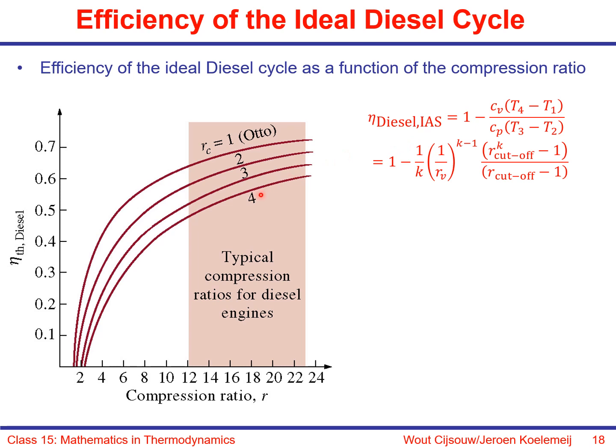And you see that the cutoff ratio RC, here I'm calling it R cutoff, but these are the same things. When this cutoff ratio decreases from 4 to 1, our curve actually starts to approach this one here, which turns out to be equal to the efficiency curve of the Otto cycle.